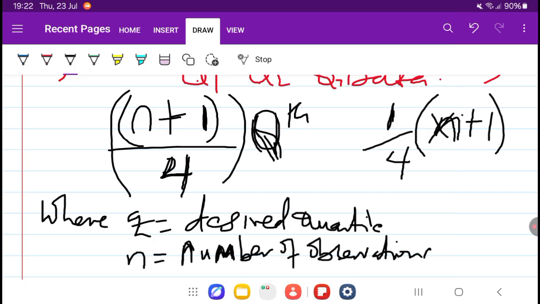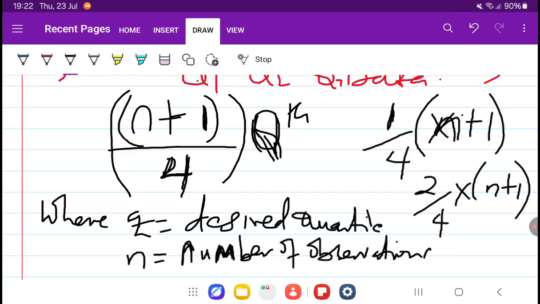If I need the second quartile, it will be 2 out of 4 times n plus 1. But remember, that will always be a positional item.